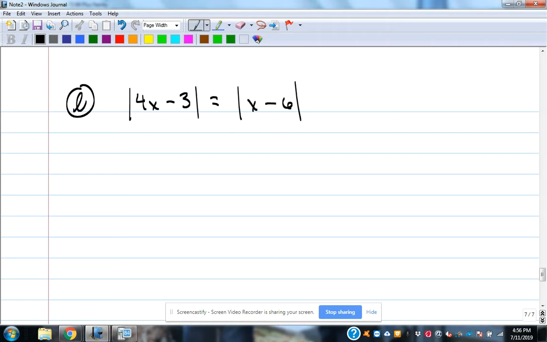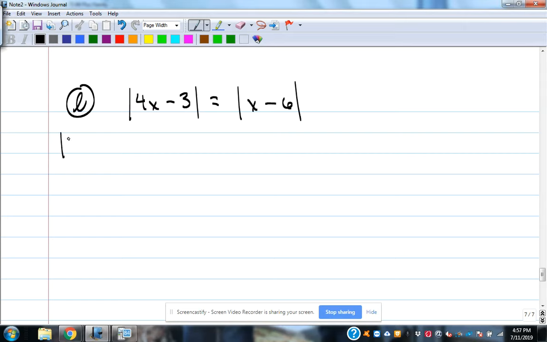Absolute value on both sides doesn't make it that much worse. It's got letters on both sides too. That's what probably makes this a little harder, the fact that it's got variables on both sides. The absolute value on each side just means I need to pick a side to start with and work from there.